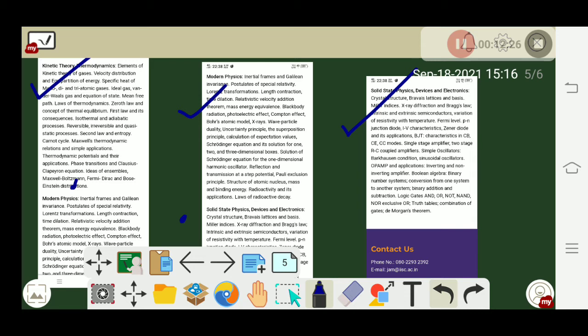Laws of thermodynamics, zeroth law and concept of thermal equilibrium, first law and its consequences, isothermal and adiabatic processes, reversible and irreversible quasi-static processes. You have gone through these portions in class 11, right? Yes, we have thermodynamics in class 11 physics.